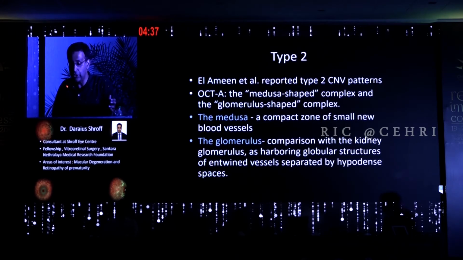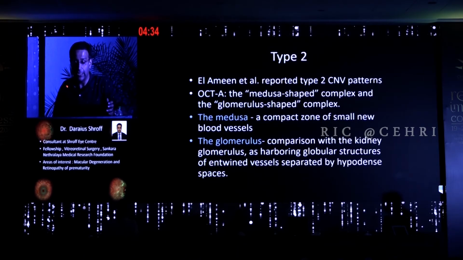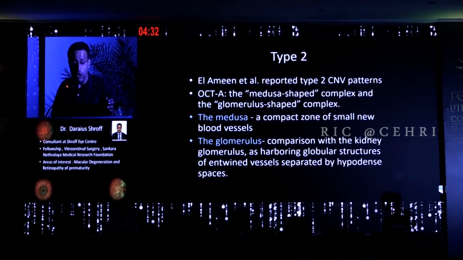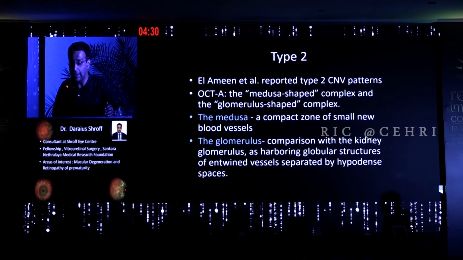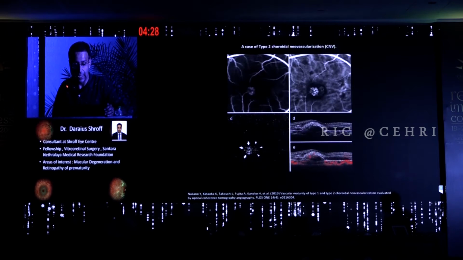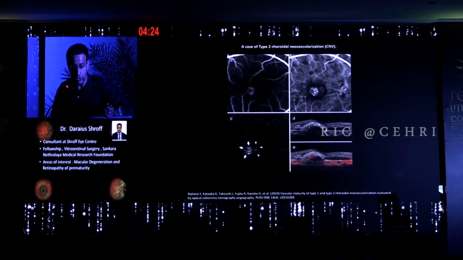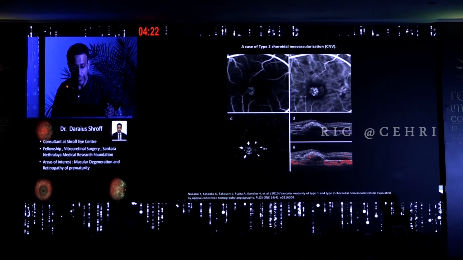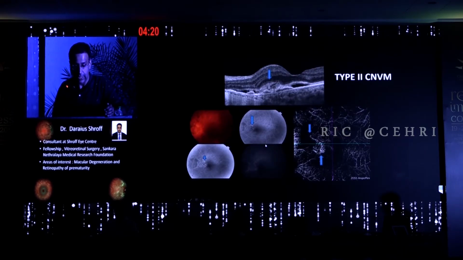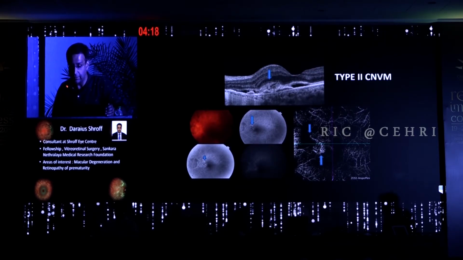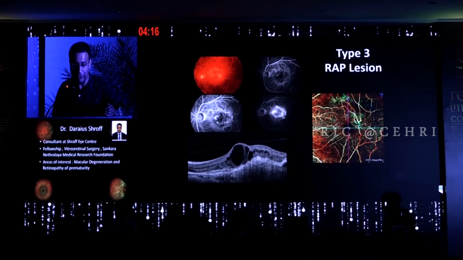And of course, the glomerulus is compared to the kidney glomeruli, and it harbors globular structures of entwined vessels which are separated by the hypodense spaces. And you can see here the glomerular pattern in the type 2 CNVM, which is very well delineated in this section. This is another type 2 CNVM, and we can maybe imagine it to be a bit glomerular.